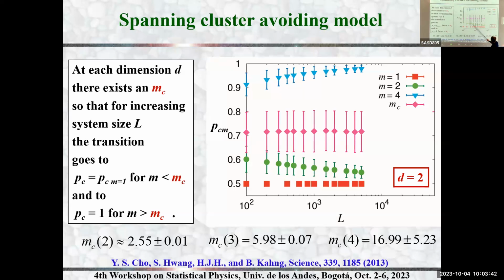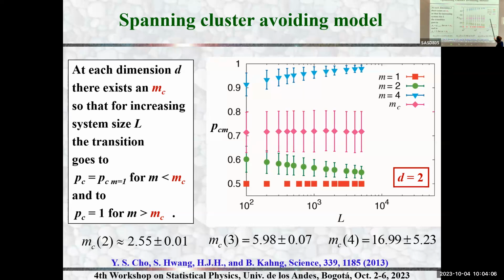For M equals 1, there is no change. This 1/2 is the phase transition always. This is immutable because of that very strong result. But then, for instance, for M equals 2, my transition shifts slowly towards the classical one. So you can expect that for infinite systems, it will be just continuous percolation.